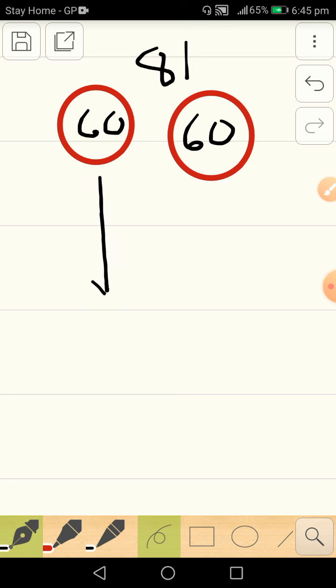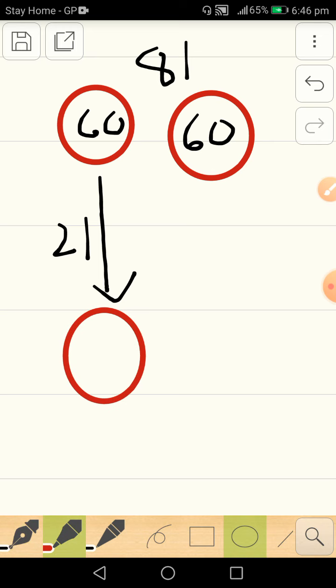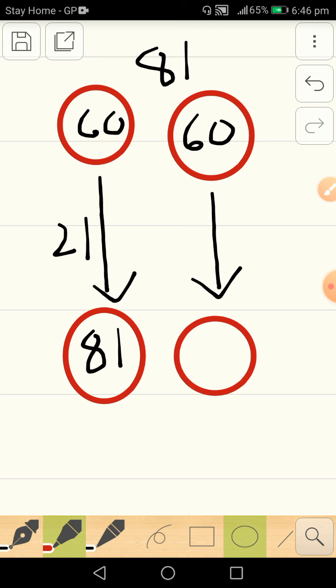So this particle has 60 kilojoules energy, and how much more energy do we need to give it? We need to give this particle 21 more kilojoules of energy, isn't it? So that the particle gains in total 81 now, and the same goes for this particle also.